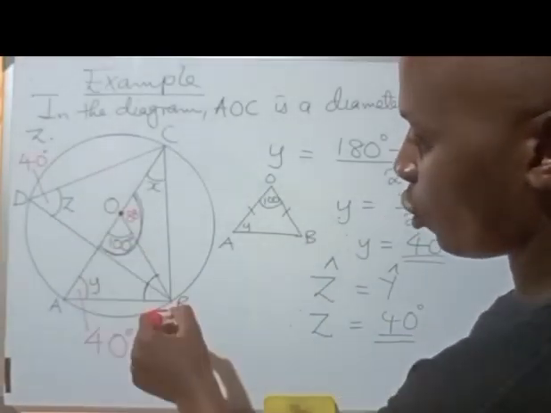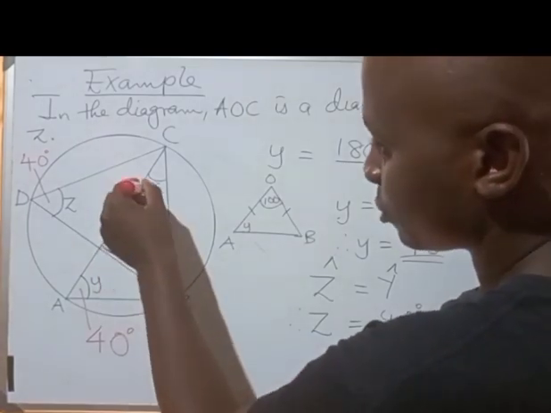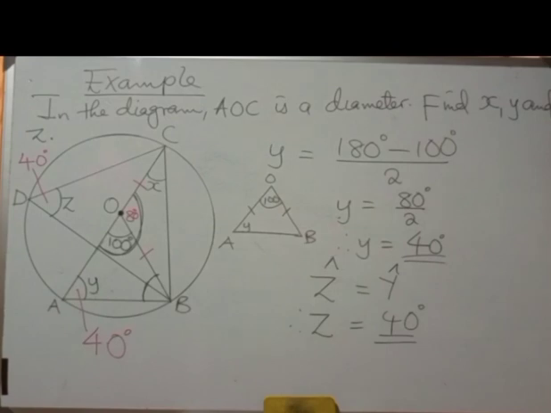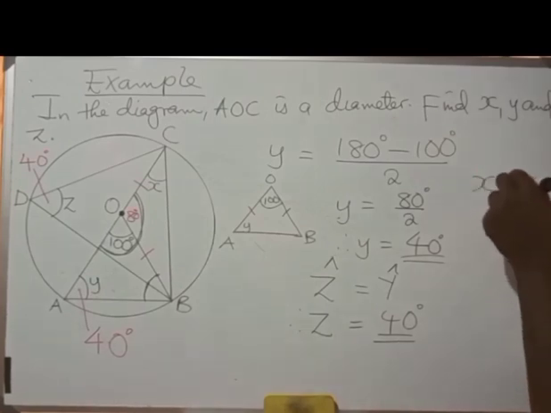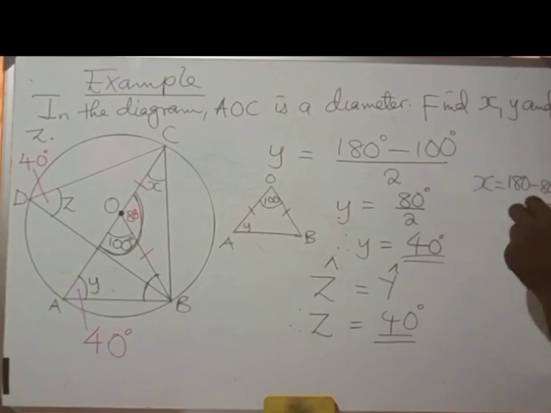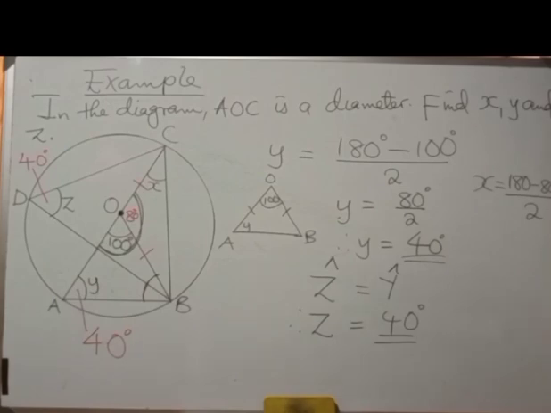Now, from O to C and O to B, they are the same. So this means that these two are both radii. So to find the angle X, I will say 180 minus 80, and whatever I get, I'll divide it by 2.